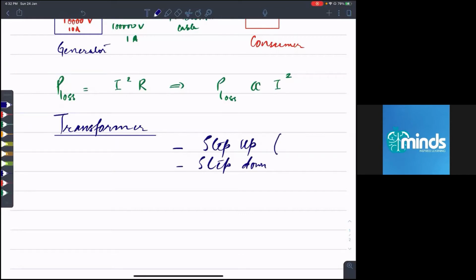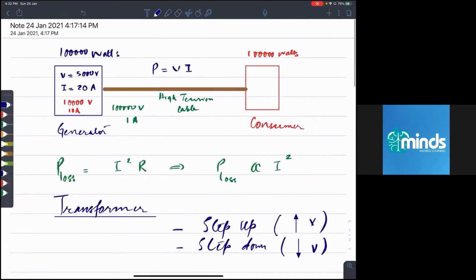Step up is the transformer that will increase the value of voltage. What is step down? A step down is the one that will actually decrease the value of voltage.